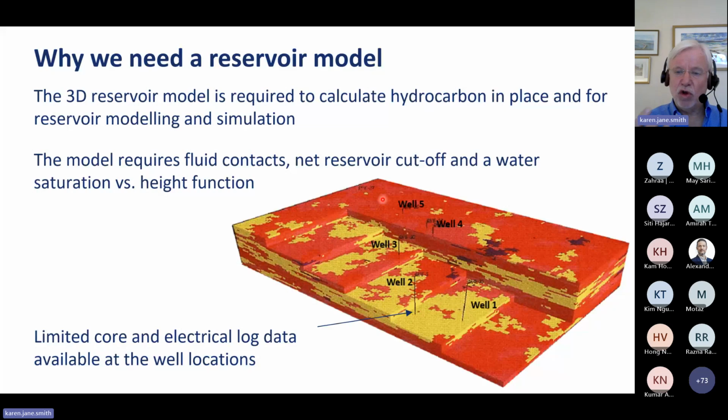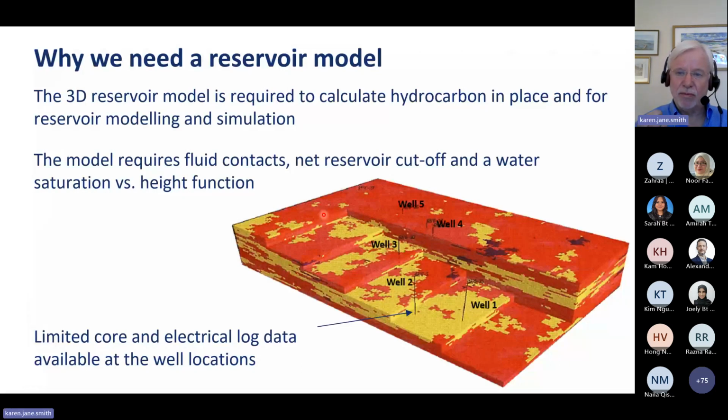But what you have is a model of cells, and you populate this model with water saturations and hydrocarbon saturations. You add up all the hydrocarbon saturations, and that gives you your hydrocarbon in place. You can also use the model then to put the wells in the best places in the field, and you could use this as a basis for simulation.